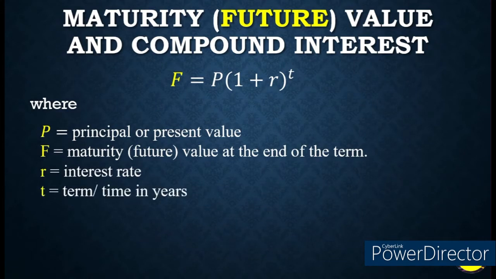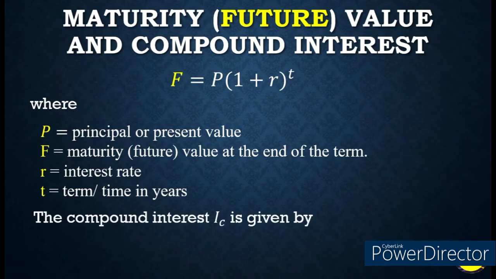So remember, kapag ang given ay naka-percent, so we need to convert into decimal. And T is the term or time in years. Since this is compounded annually, so yung time lagi natin dito is 1, or yung term natin is 1.